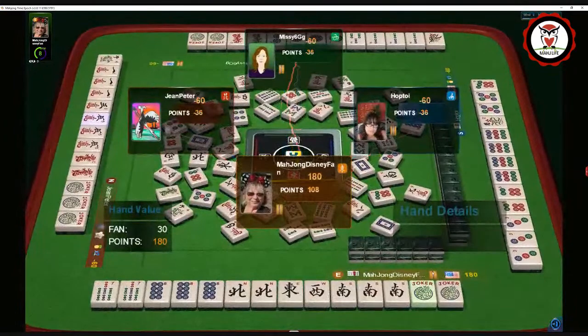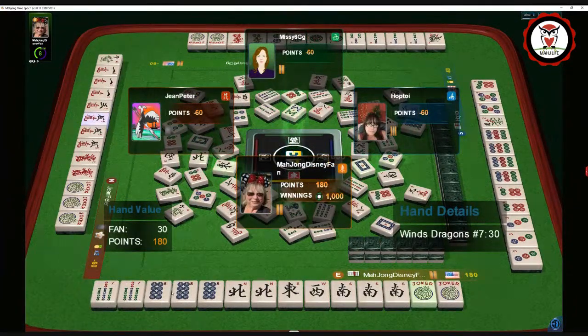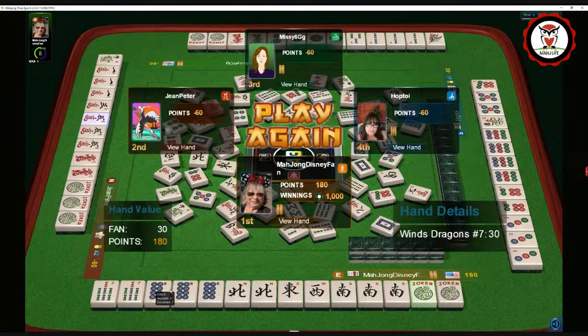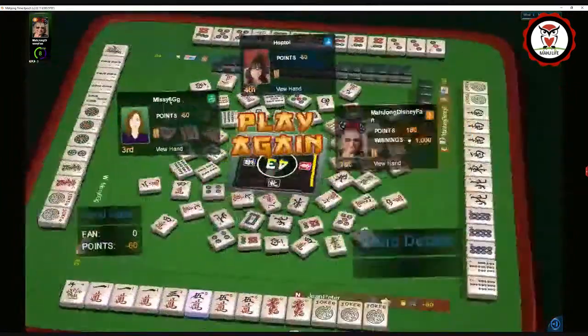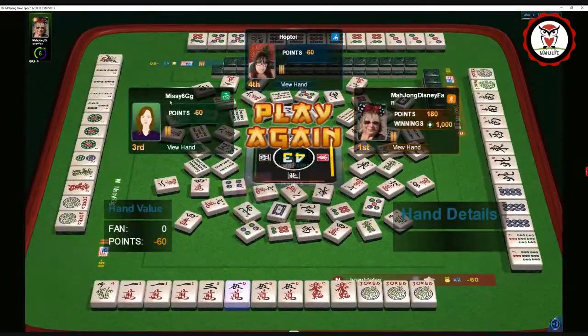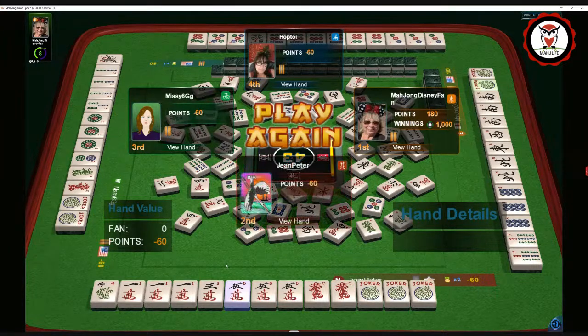So they had a good Charleston here. News with a run, 2 consecutive pungs concealed. Nicely done there. Here we have 1, 3, 5 dragon. Ooh, they're ready to win on a 3 crack. Ready to win. Oh, no. They need a flower still.